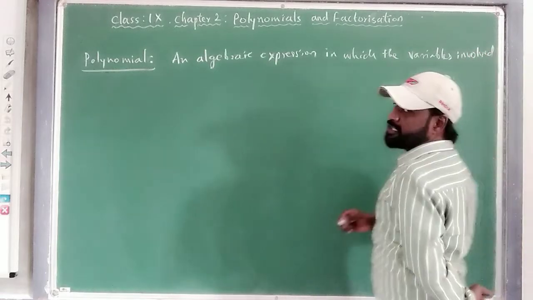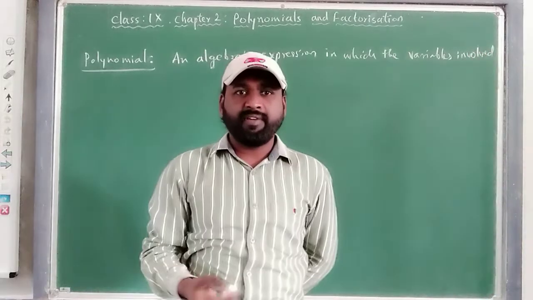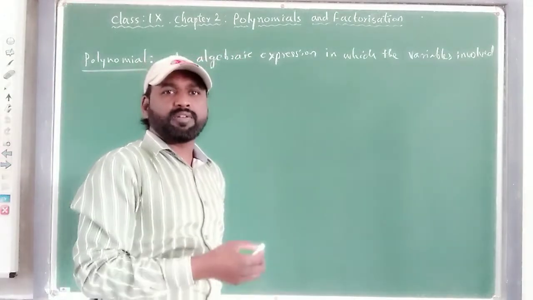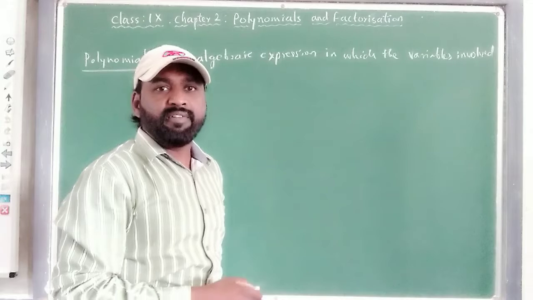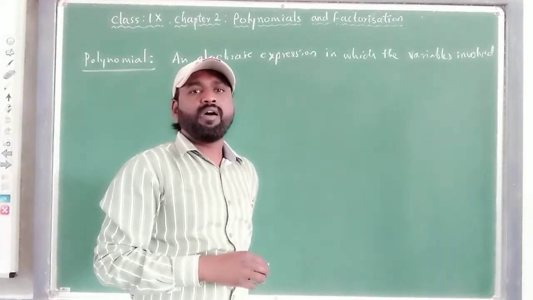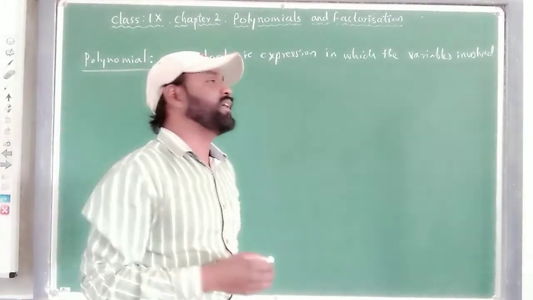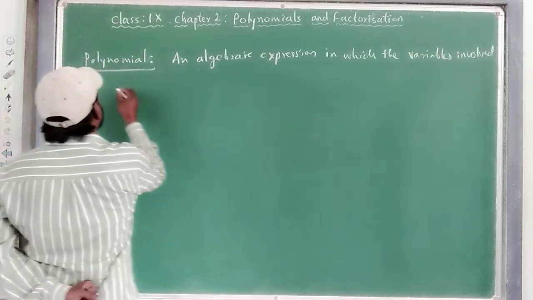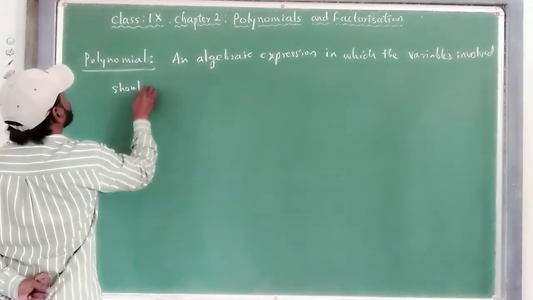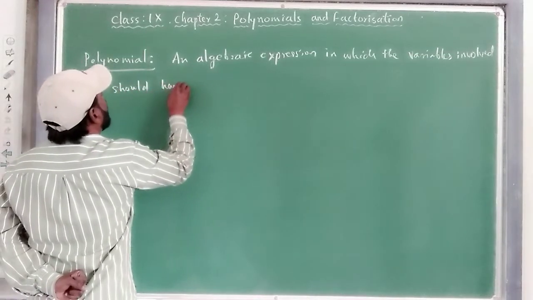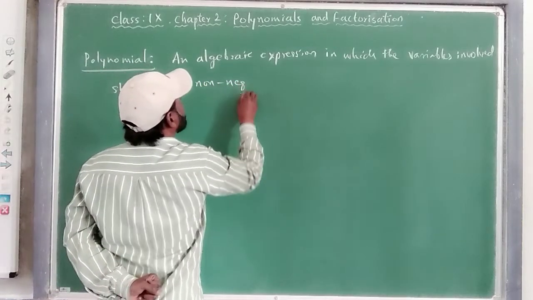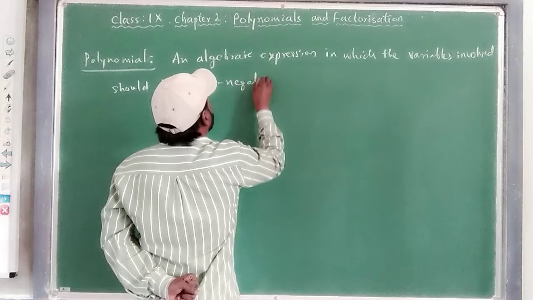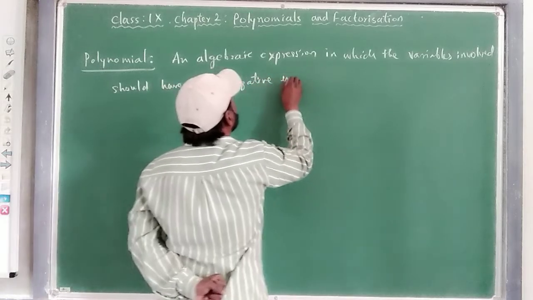The algebraic expression may contain a number of variables, maybe one variable or two variables or three variables. All the variables must have only non-negative integral powers. Non-negative means only positive. Non-negative integral powers.